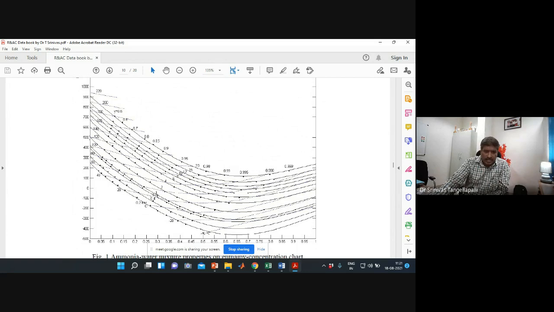So, for example, at this point, my cursor, I can read pressure, concentration, temperature. Three properties we can read, P, T, X, from the graph, which is a liquid condition, which may be saturated liquid or subcooled liquid.